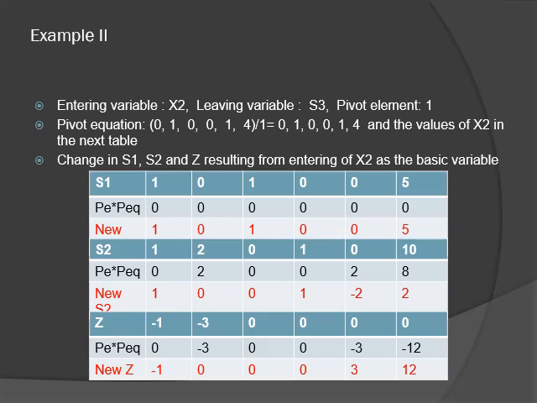The new z row shows that we need to design the next table, because we still have a negative value here. As we mentioned before, we reach the optimal solution when the negative values in the row of z disappear.